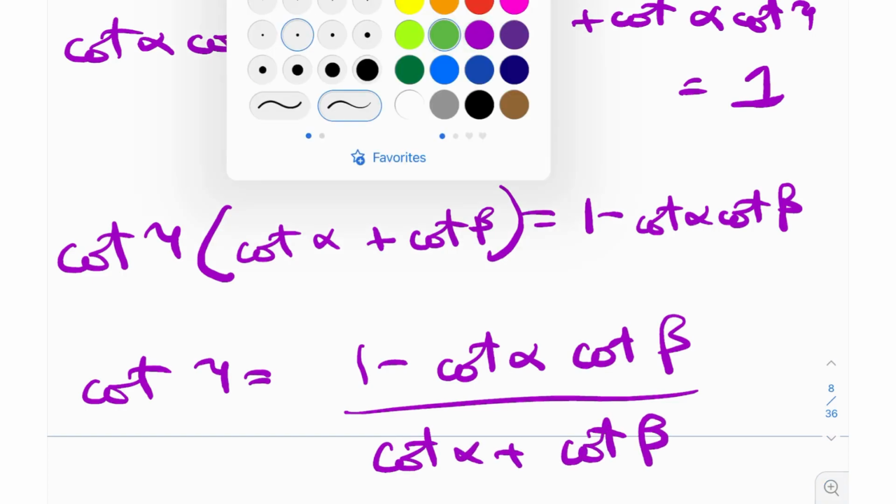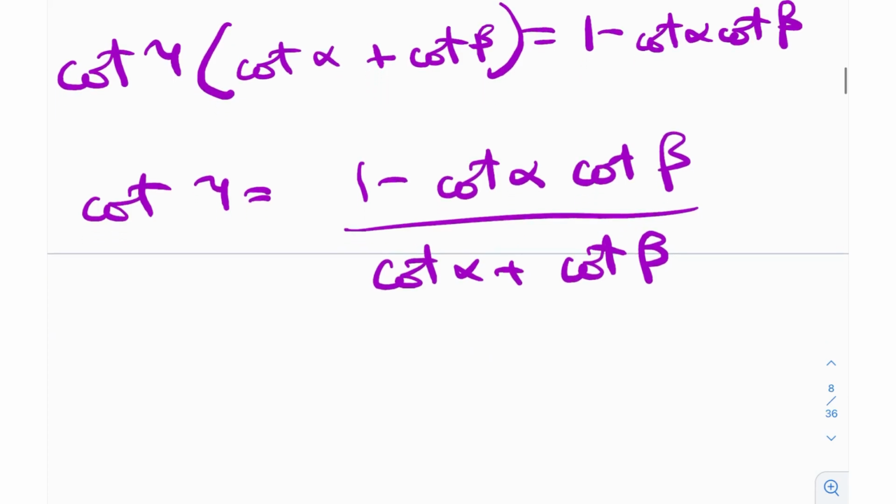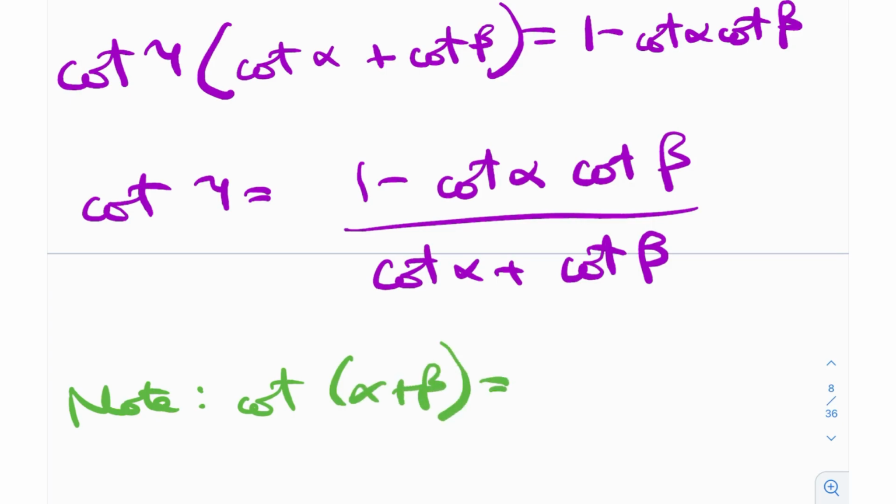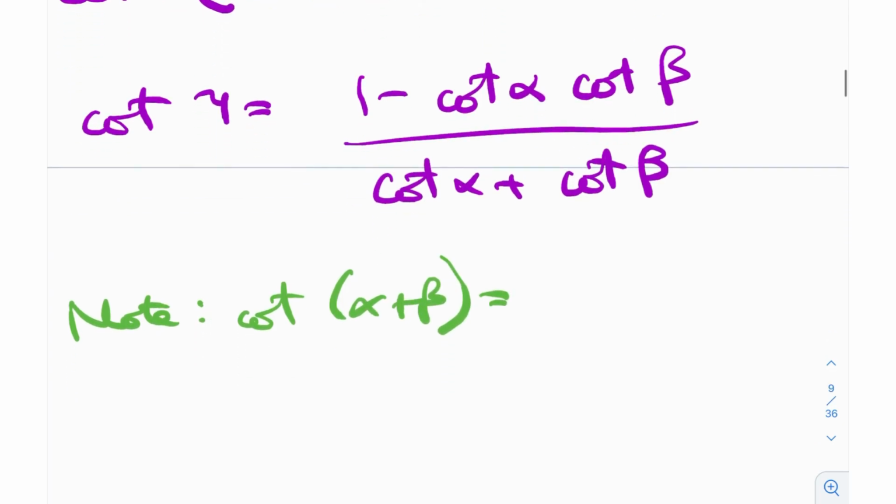Here I'll remind you of an interesting property in trigonometry. We know the cotangent of alpha plus beta. This property is often ignored because we usually remember tan of alpha plus beta, but cot of alpha plus beta is also worth remembering.